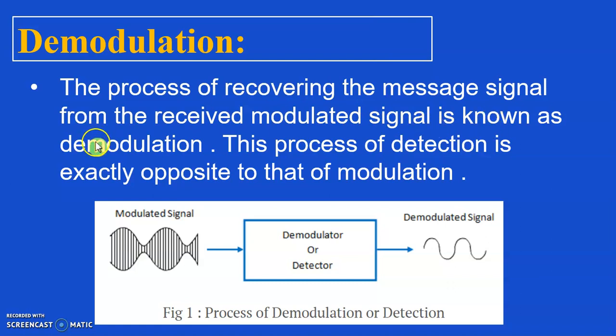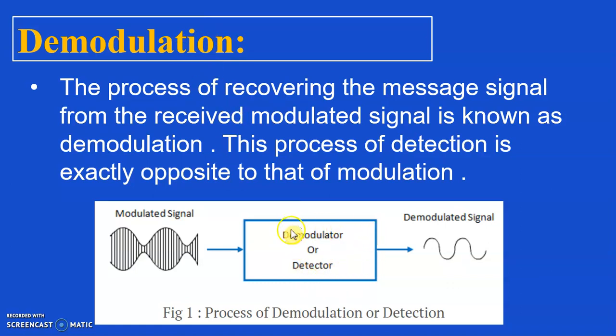This is known as demodulation. This process of detection is exactly opposite to that of modulation. So modulation occurs at the transmitter end, and demodulation occurs at the receiving end.